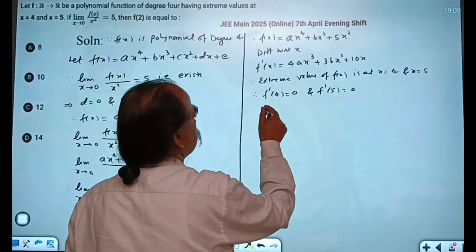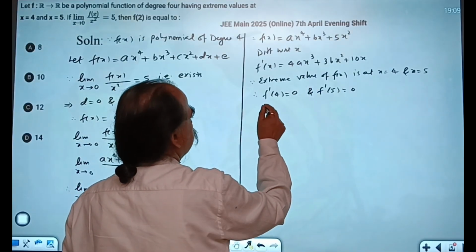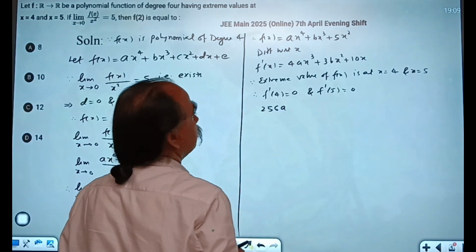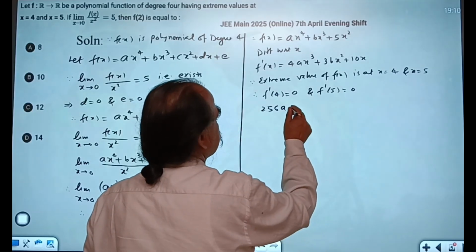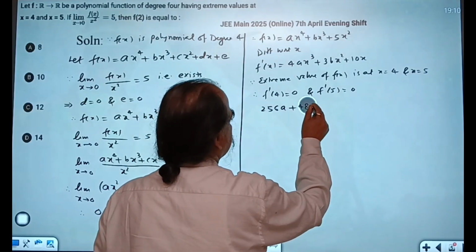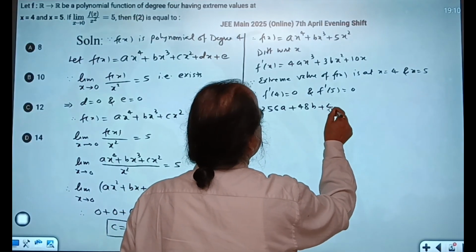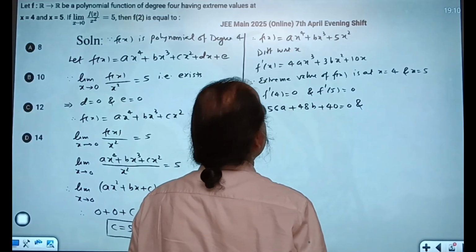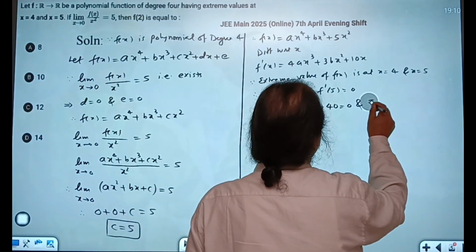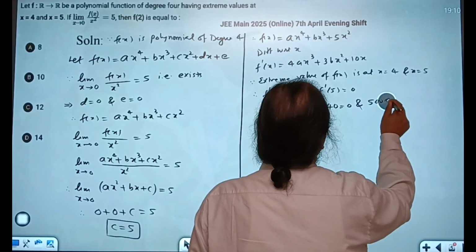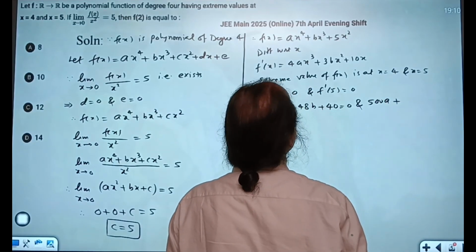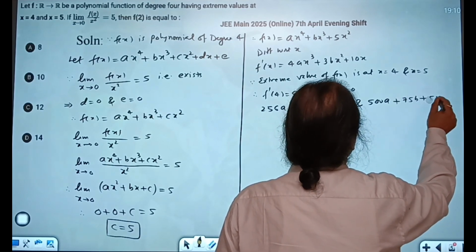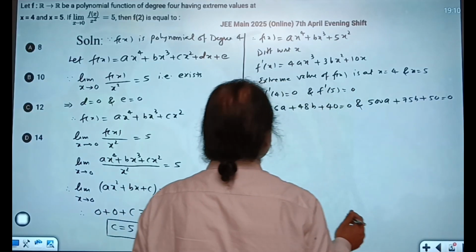So f dash 4 is 4a into 4 cube, so 64 into 4, 256a, plus 4 square 16 into 3, 48b, plus 10 into 4, 40 is 0. And when we replace 5, 125 into 4 will give 500a plus 25 into 3, 75b plus 10 into 5, 50 is equal to 0.